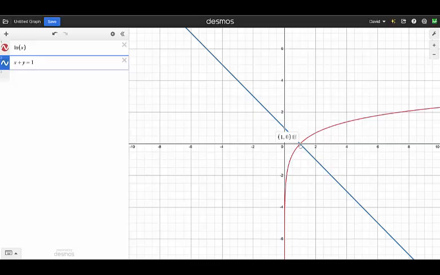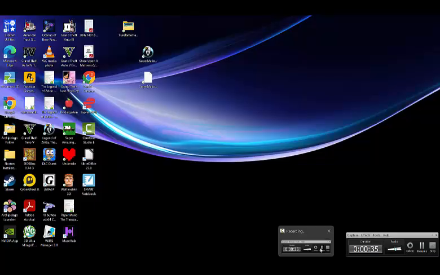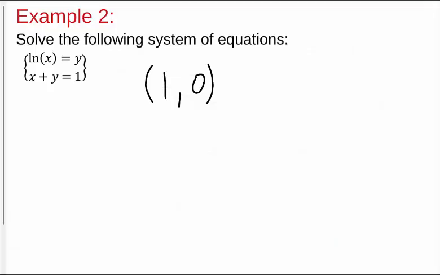The point they intersect is (1, 0). So what we'll do, we'll say our answer is (1, 0). All right, so we just graphed it on Desmos, and our solution is (1, 0). So let's look at another example.